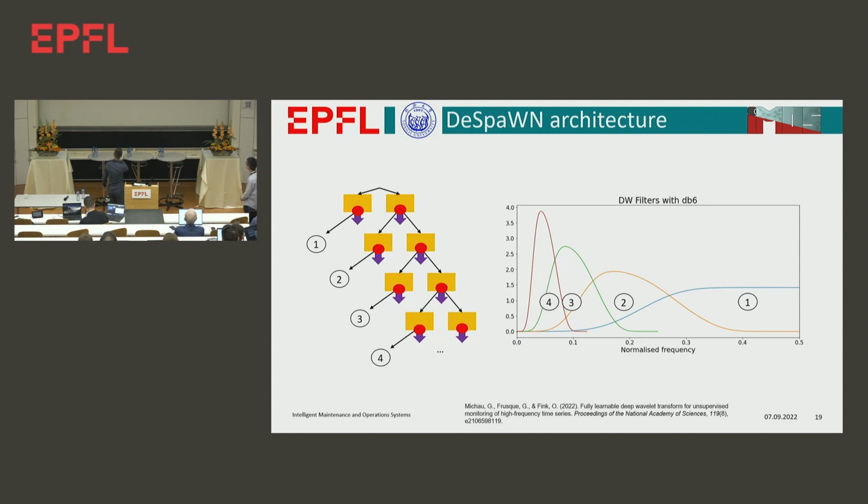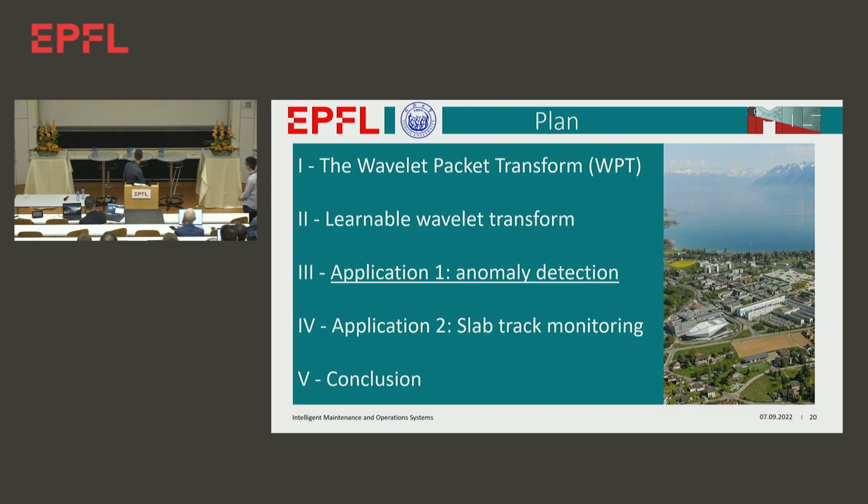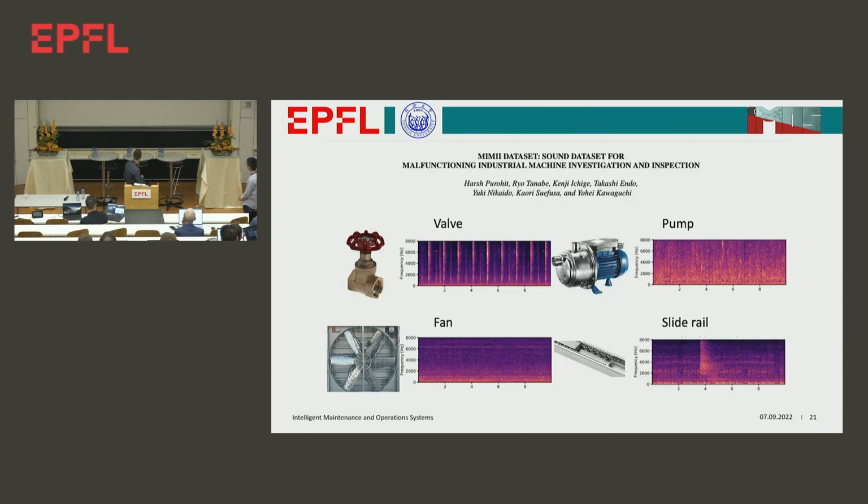So again, just to show, what we do is the same: we make it learnable, and we add the activation function. So, first application, anomaly detection. Here is a data set that contains four different machines: valve, pump, slide rail, fan.